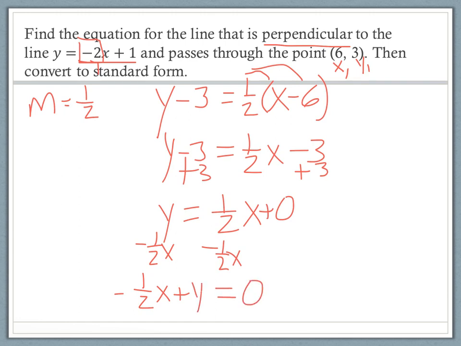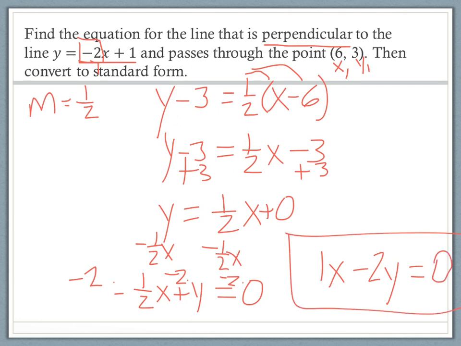Now I can't have a fraction, I can't have a negative, so I'm going to times everything by 2 to get rid of the 2 on the denominator, and I need to get rid of the negative, so I'm actually going to multiply everything by a -2. Okay, so I'm going to have 1x minus 2y equals 0 times -2 is just 0. Okay, so there is my answer in standard form.